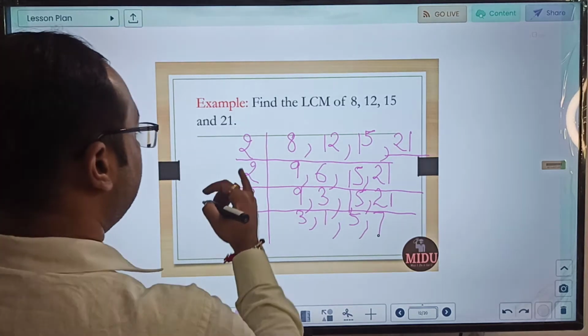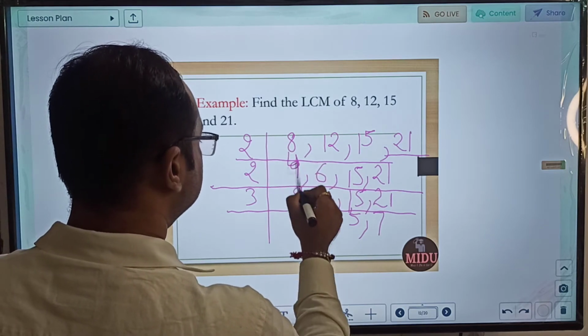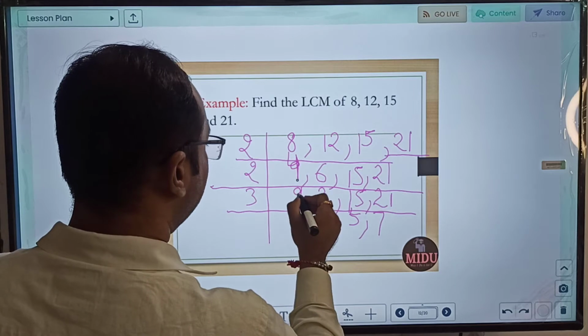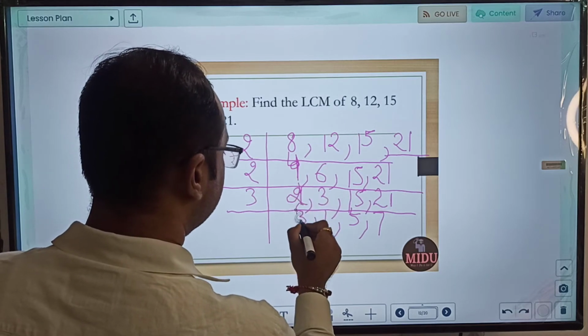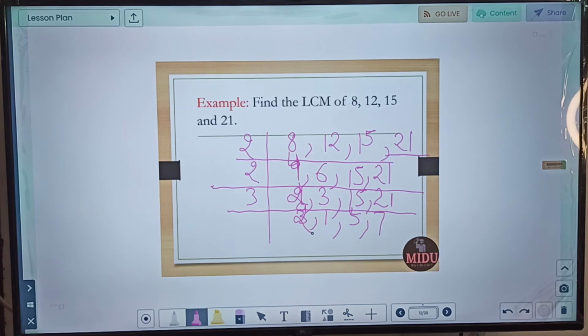Sorry, 2 divided by 8, this will be basically 4, and this again divided by 2 will be 2. So we will have 2, 2, 4 and 2, 1, 5, 7. So in this case, what will be the LCM?